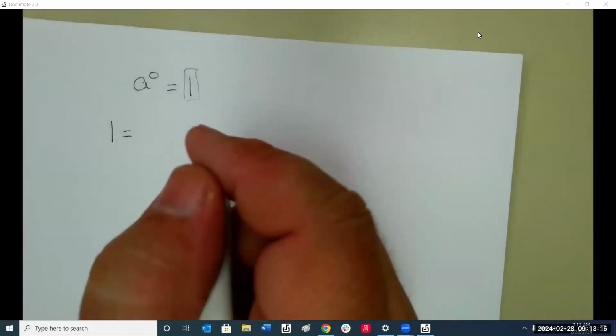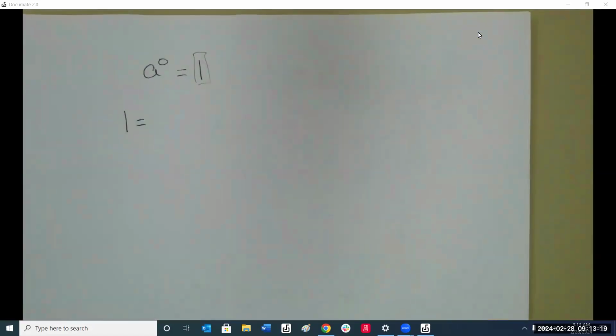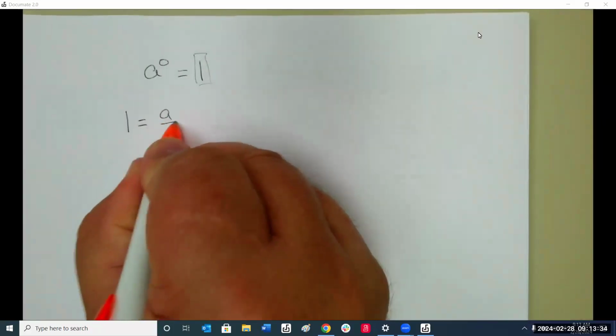Always equals 1, besides 1 itself. Is there an equation we can create that always gives us 1? Anything over itself, what does that equal? That always equals 1.